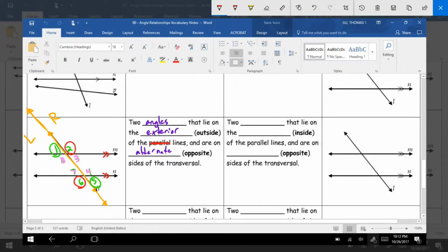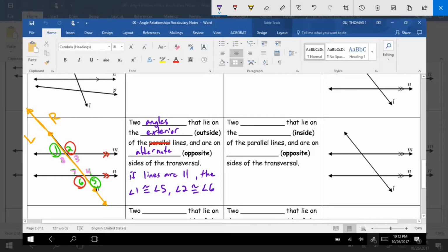And we got a little bonus rule here. If the lines are parallel, then angle 1 is congruent to angle 5. And angle 2 is congruent to which one do you think it's congruent to? Angle 6.